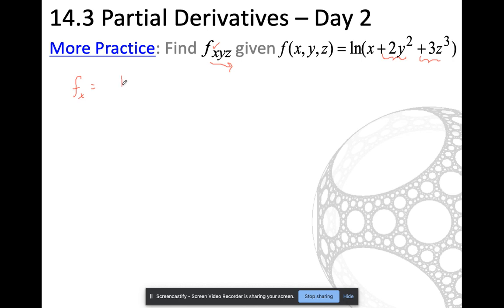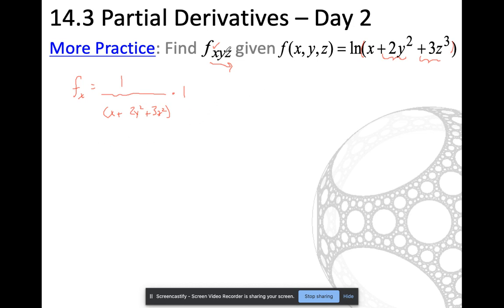Well, isn't it 1 over the stuff times the derivative of the stuff? But remember, the derivative of this inside stuff with respect to x is the derivative of x, which is just 1, times the derivative of a constant, 0, plus the derivative of a constant, 0, plus the derivative of a constant, 0. That's it, right?